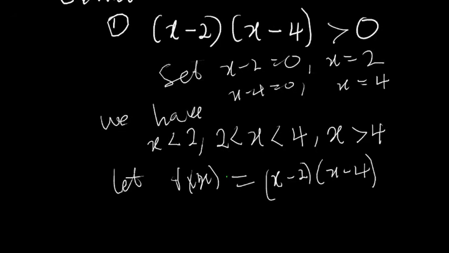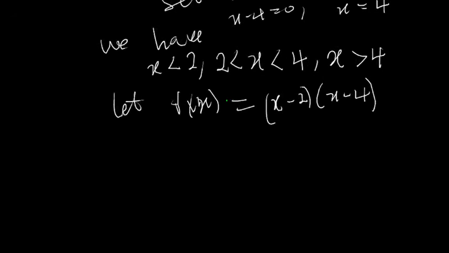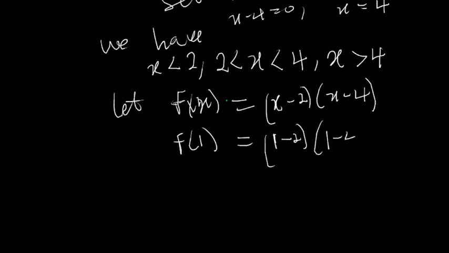Now, let us test. The first inequality we have is x less than 2. Let us check for a value that is lesser than 2. Let's say 1. If I put 1 here, I will have 1 minus 2 and also 1 minus 4.